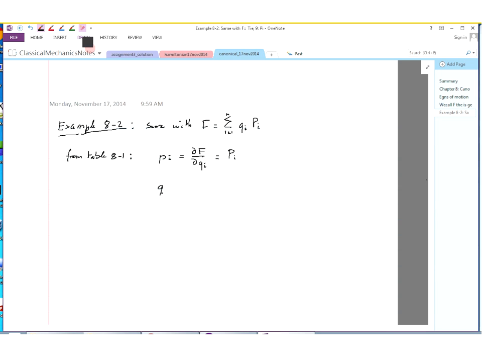And the other one that we want is the capital Qi. And the capital Qi's are given by ∂f/∂Pi, ∂f/∂capital Pi. So that's a mistake in the notes.